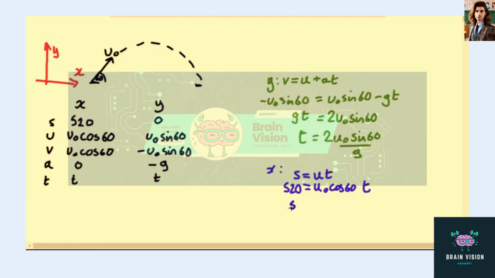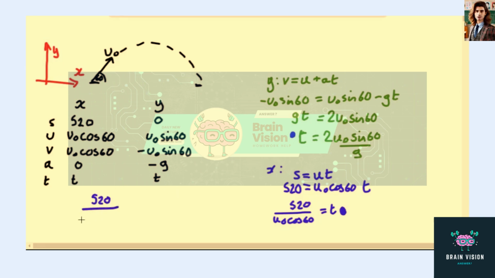Rearranging for t, we get t equals 520 over u0 cosine 60. So what do we do now? We have an equation with t as the subject here and here, so why not equate those two things?